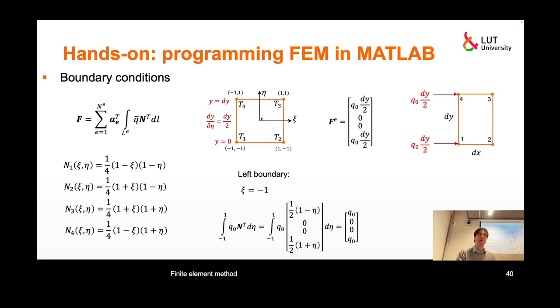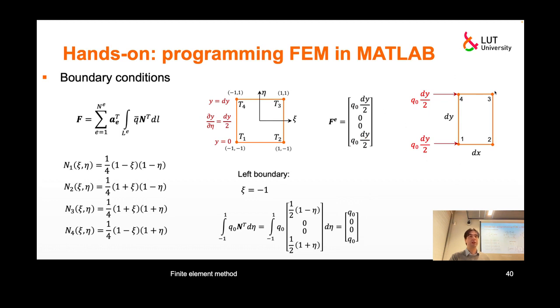Okay, actually there are 4 elements, but we are only interested in integral along this line, so we're only interested in this part of Jacobian matrix about transformation between a global y and local eta. So I just need to multiply it by dy over 2, these 2 elements. And this is the local part of this global vector related to certain elements on which the heat flux comes in this direction, heat flux of value q0.